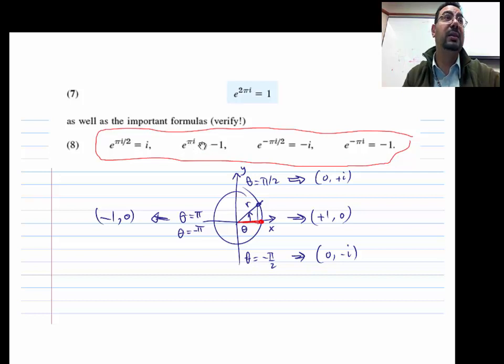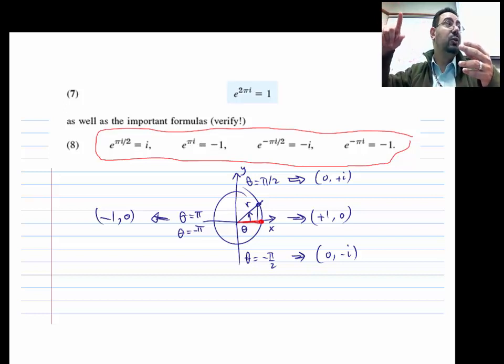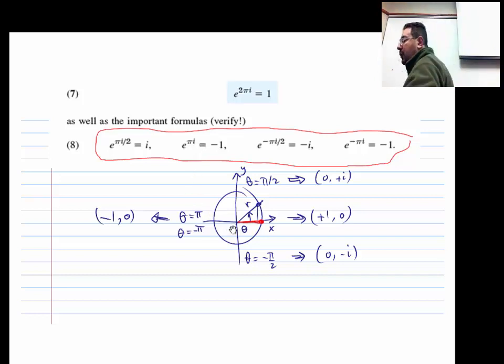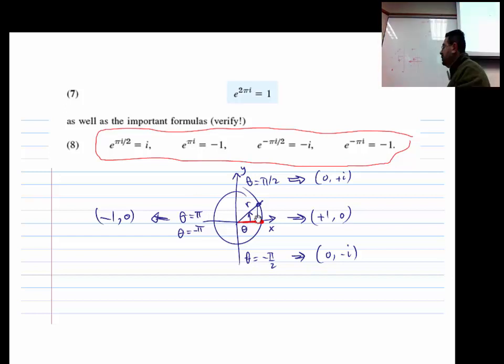e to the power pi i is the same as e to the power pi plus or minus 2 pi n i. You can add any multiple n you want. Right? And from the point of view of going to this place, which is basically this number here, you can go this way or go that way. If you go this way, you would think this is e to the power pi i.